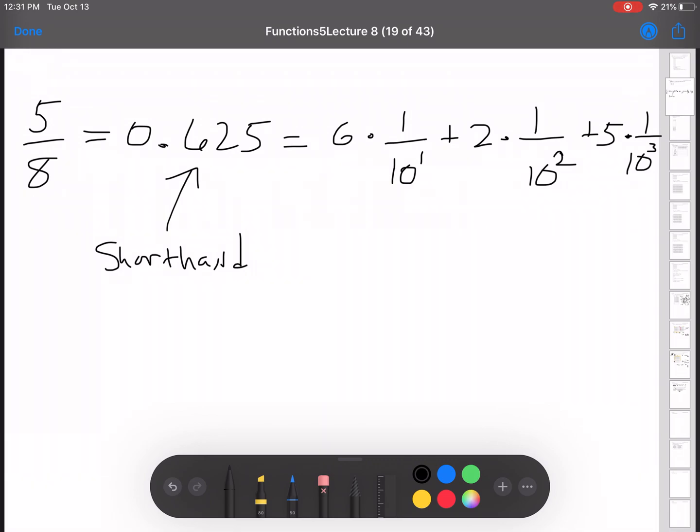So when you write this, you actually mean this. This shorthand or notation over here means this exact number here.